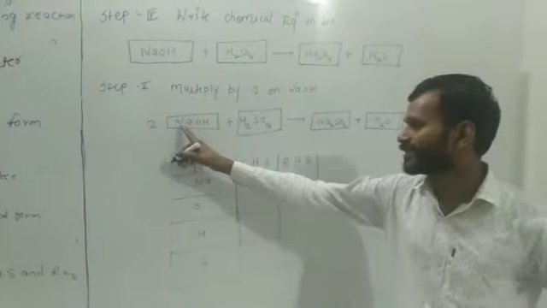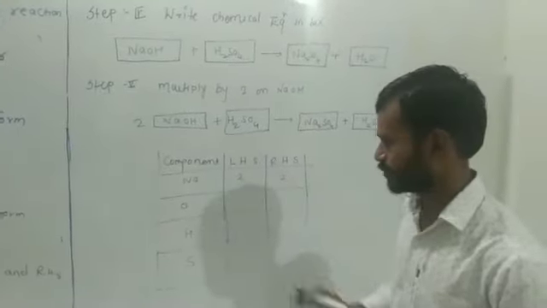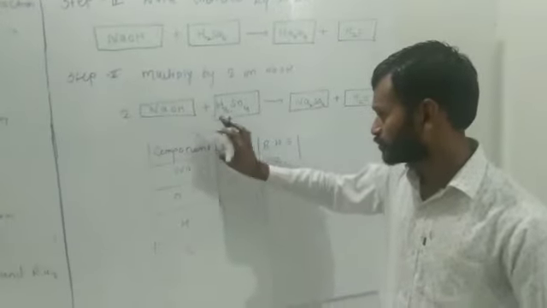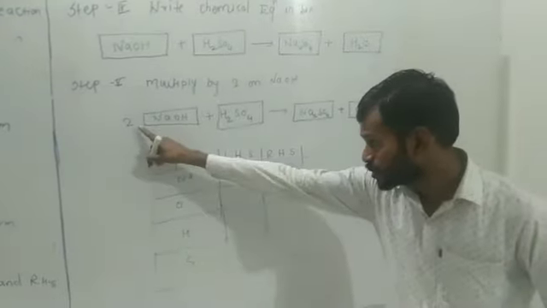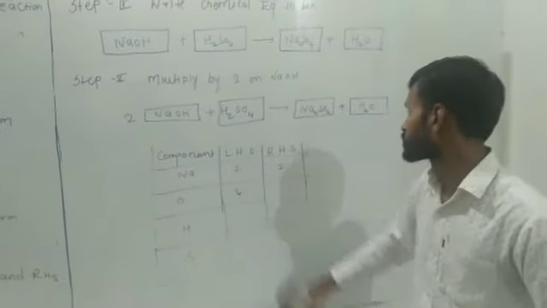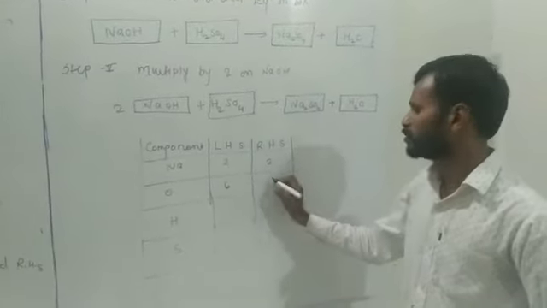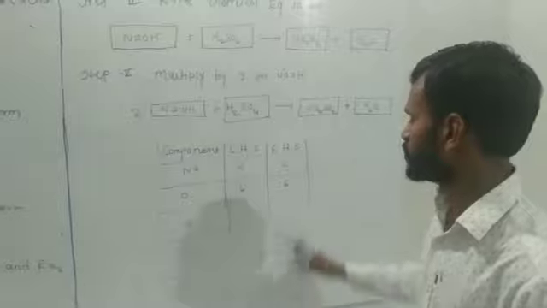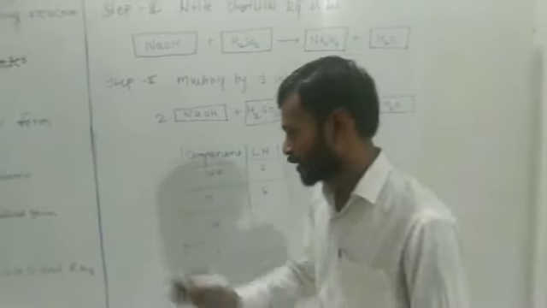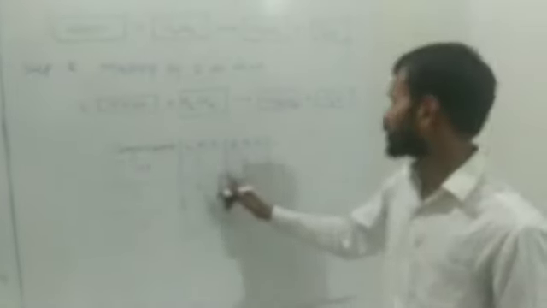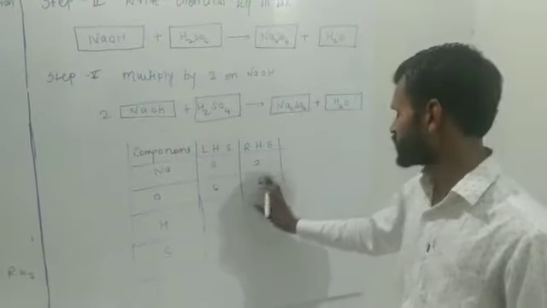How much sodium is there? 2, and again 2 on the RHS, so sodium is balanced. Oxygen: 2 plus 4 is 6, but on the RHS 4 plus 1 is actually 5.